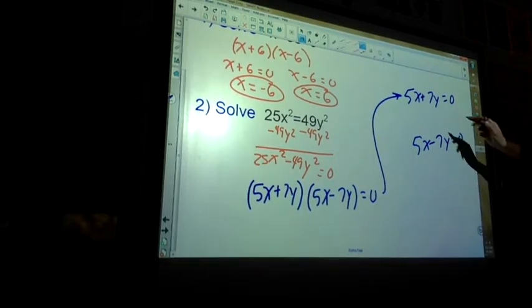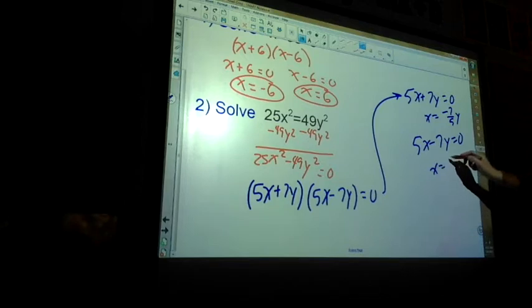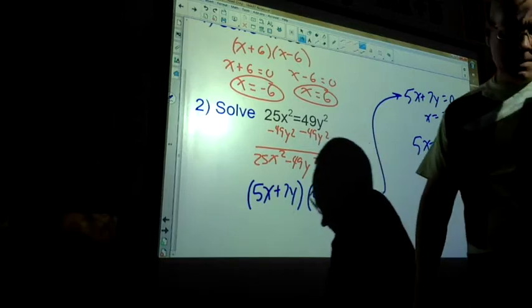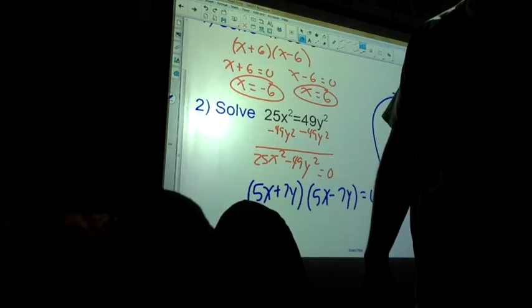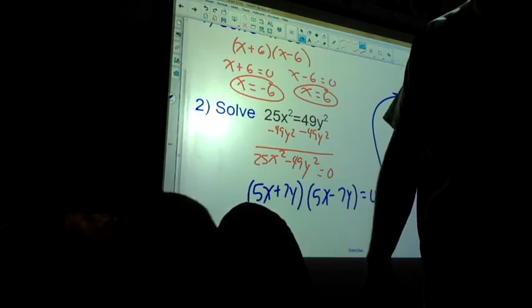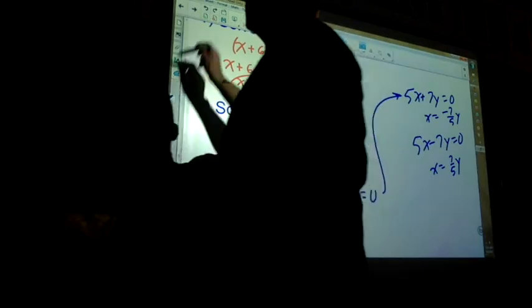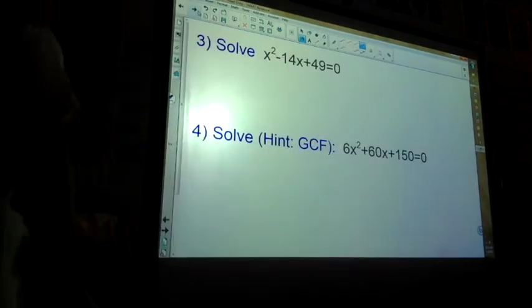So technically if you're solving for x, this would come out to be negative 7/5 y, and this would come out to positive 7/5 y. Couldn't you make it like a linear equation though? You have two variables that are stuck in there. Okay, moving on.